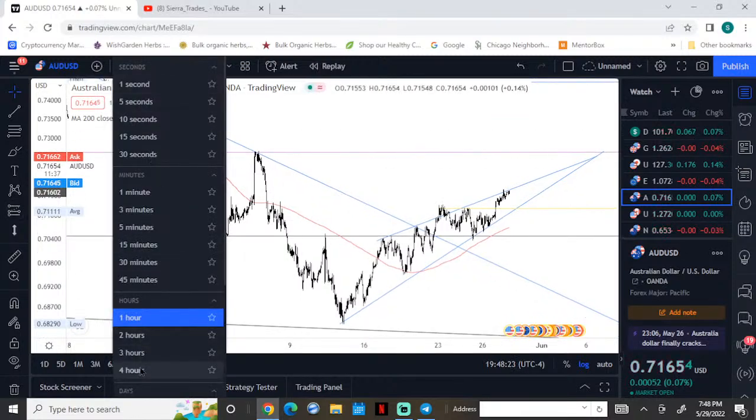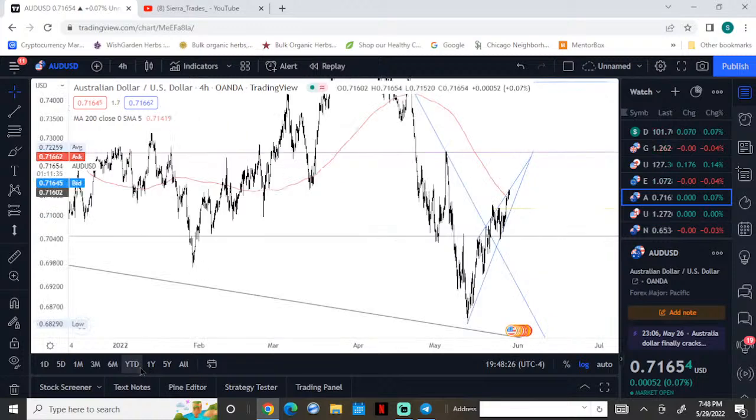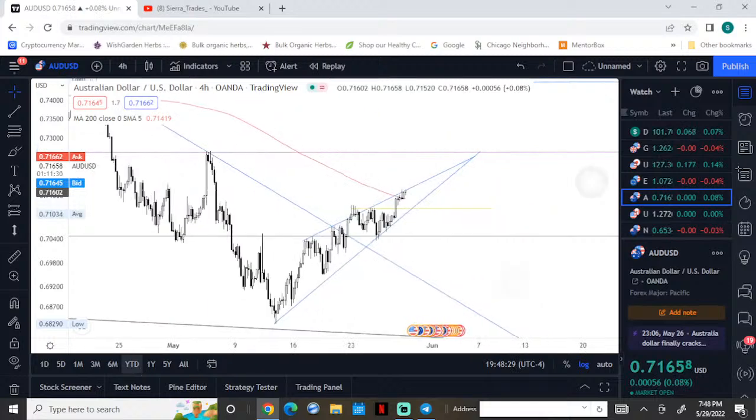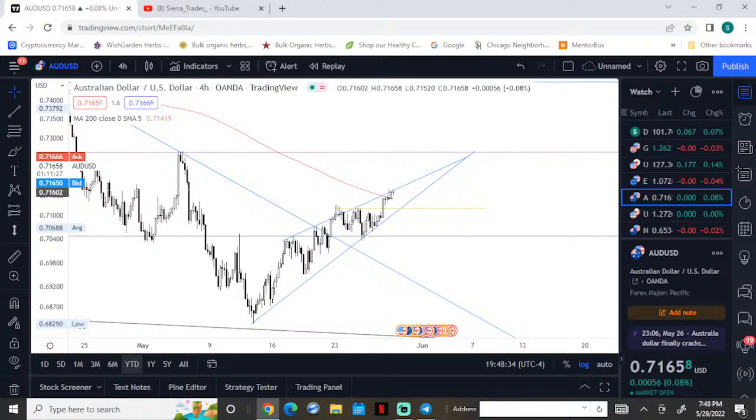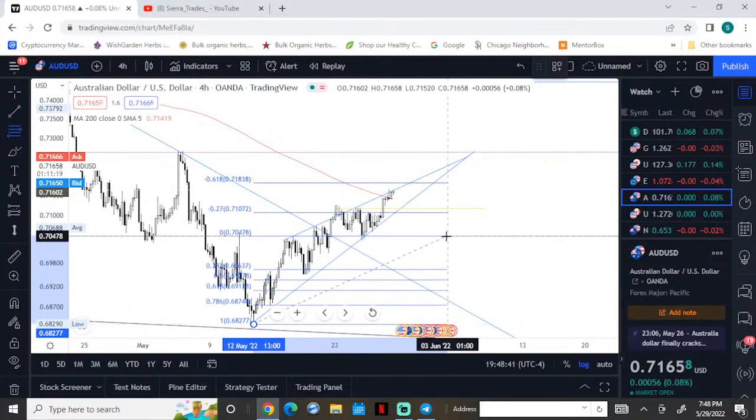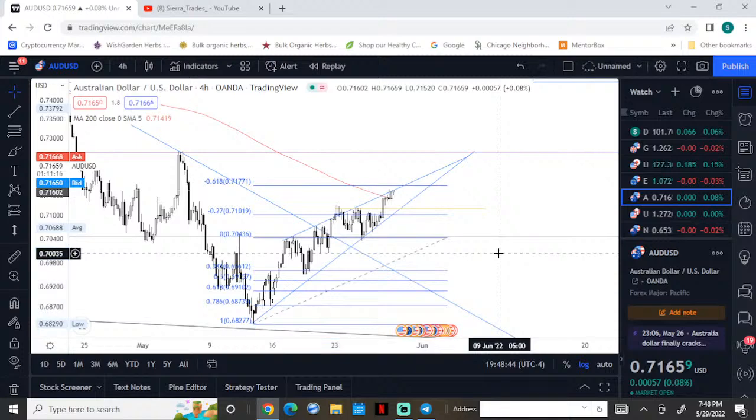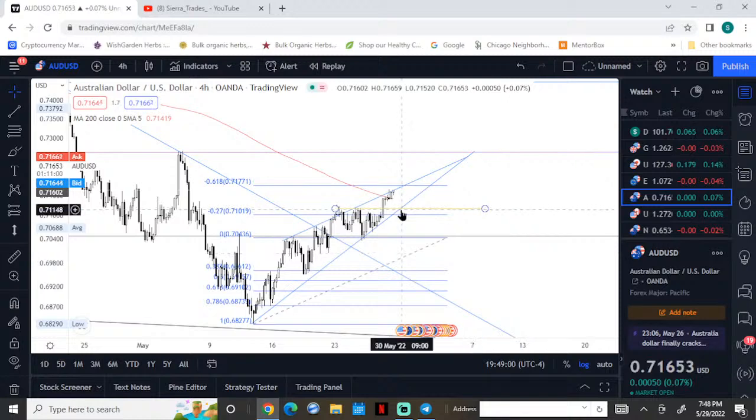4 hour, let's see where we can put a fib at. This fib is like this move. Yeah, we're definitely going to get a retrace and get to 618. It's going to pull back.